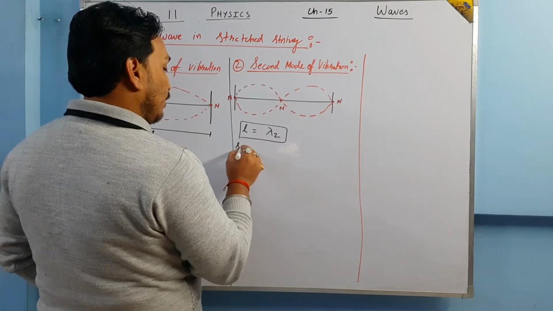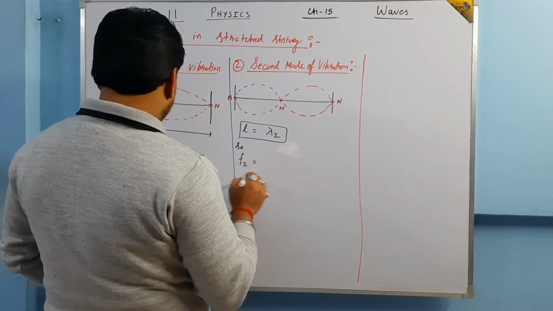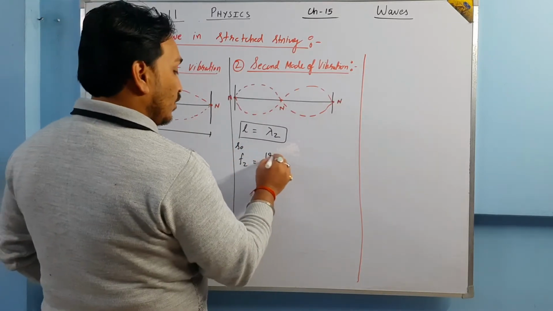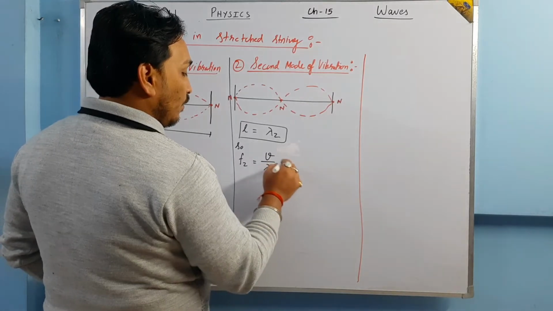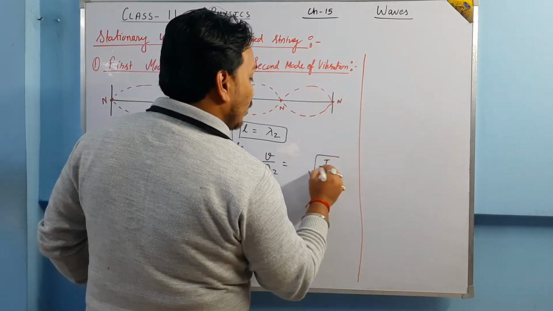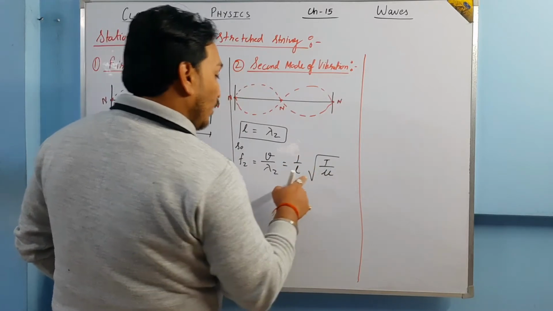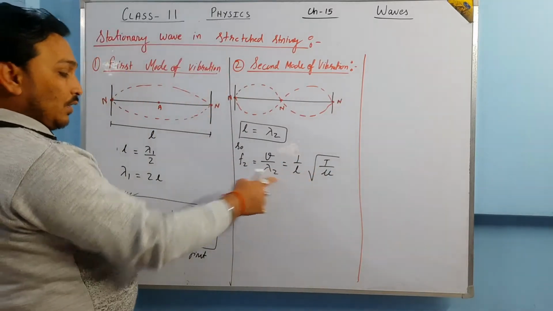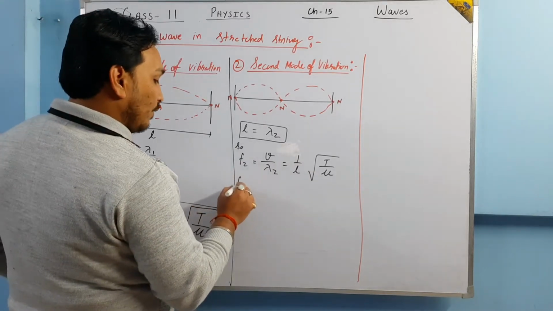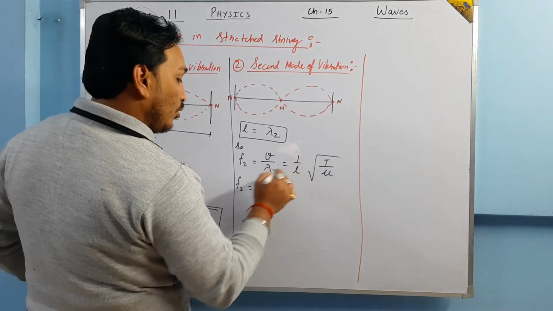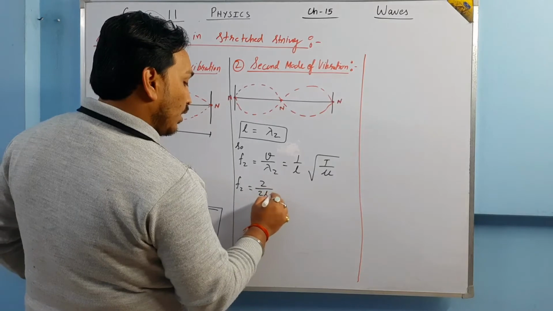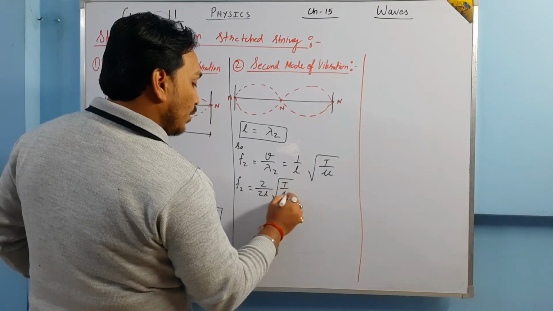So frequency F2 is equal to velocity upon wavelength. What is the velocity? It is under root T by mu. What is wavelength? 1 upon L. Now if I want to compare this frequency with this frequency, so F2 is equal to what? I can write 2 upon 2L under root T by mu.